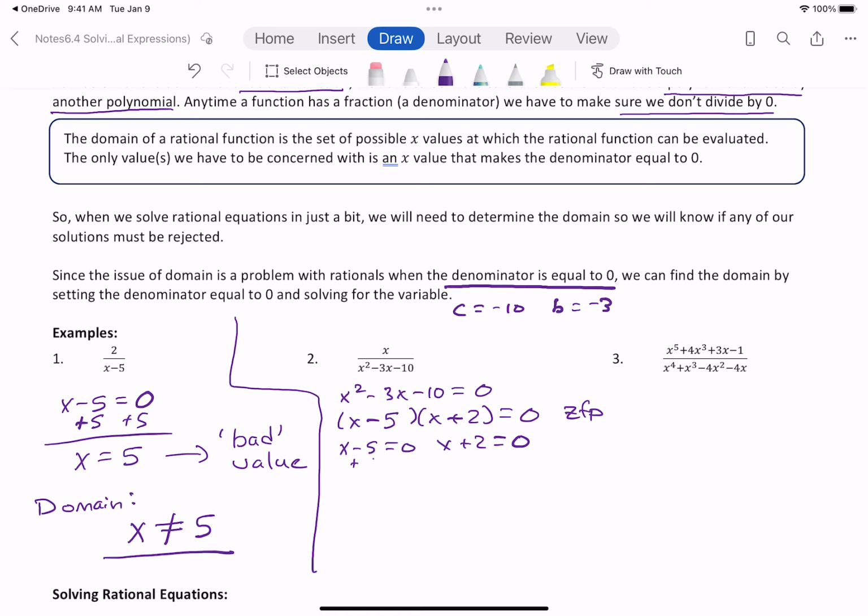So if I add 5 to both sides, I get x equal to 5, and if I subtract 2 from both sides, I get x equals negative 2. And remember, these are my bad values. So the domain is x cannot be equal to negative 2 or 5.